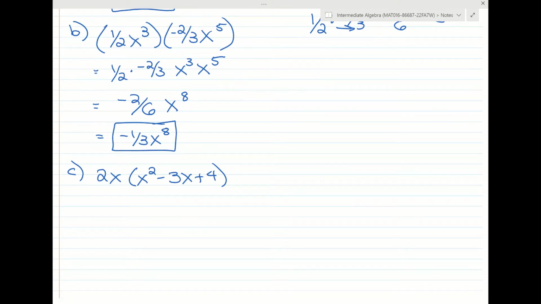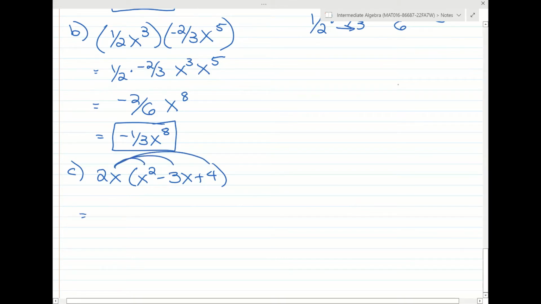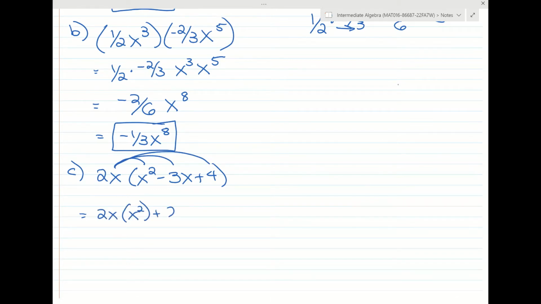Remember how we put a 1 in front and then distributed it? That's the same thing we're going to do here. We're going to distribute the 2x. So we're going to do 2x times x to the second plus 2x times negative 3x plus 2x times positive 4. So it's kind of like the previous two examples.